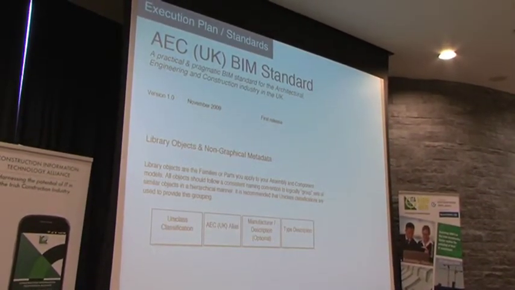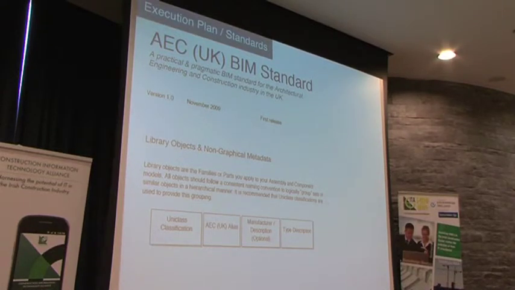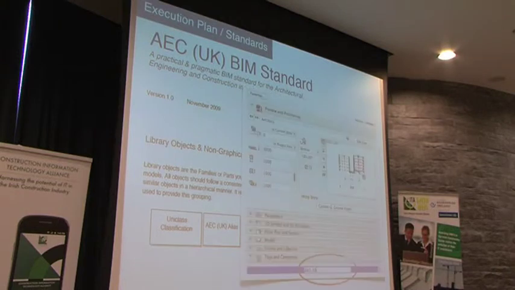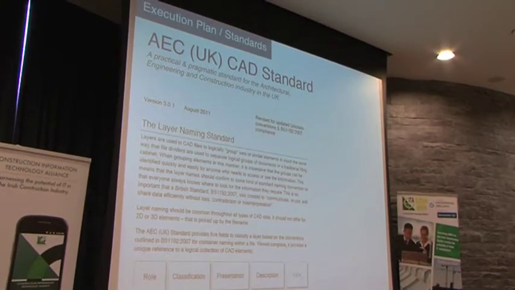So we did the same thing here for the library objects naming, and that's part of the template file for the project. All the objects have been renamed with a code, and that's Uniclass 2, and you have an A in front of it to say the architect is the originator of the object. And then you have the layer naming.